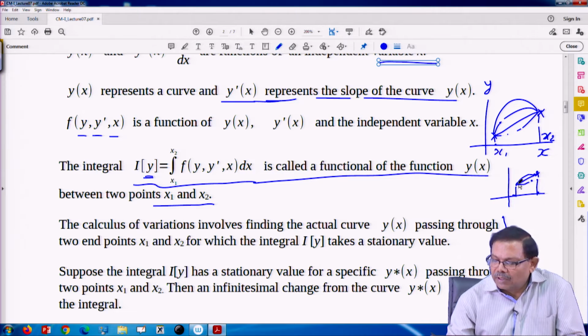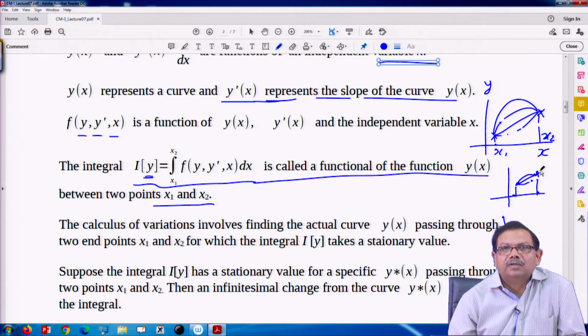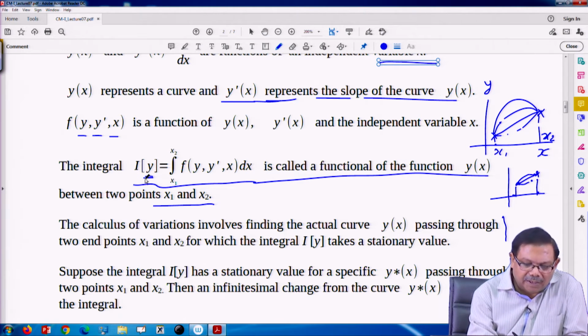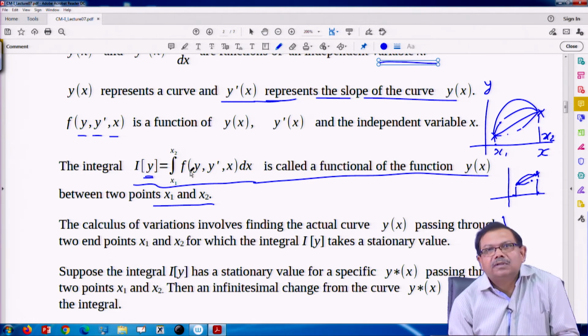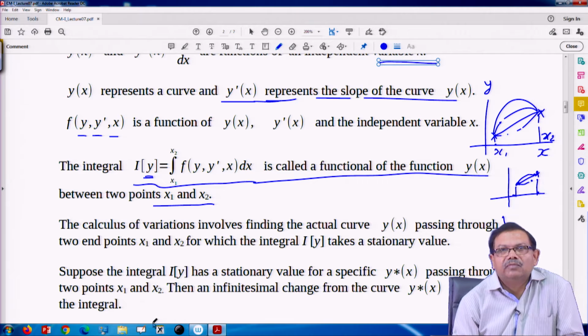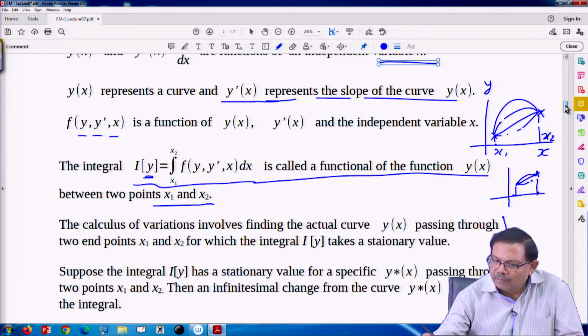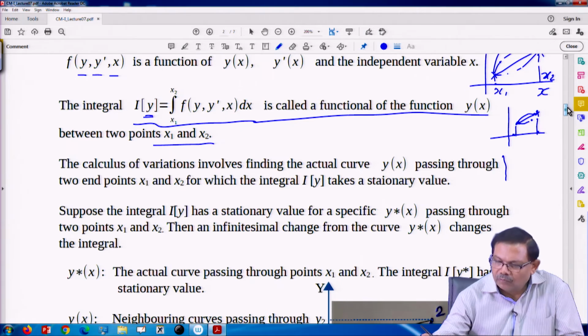Then if I choose another curve nearby, the integral's value will change. So, calculus of variations also involves finding the changes in this integral I if the actual curve is varied a little bit. It would be clearer as we go further.